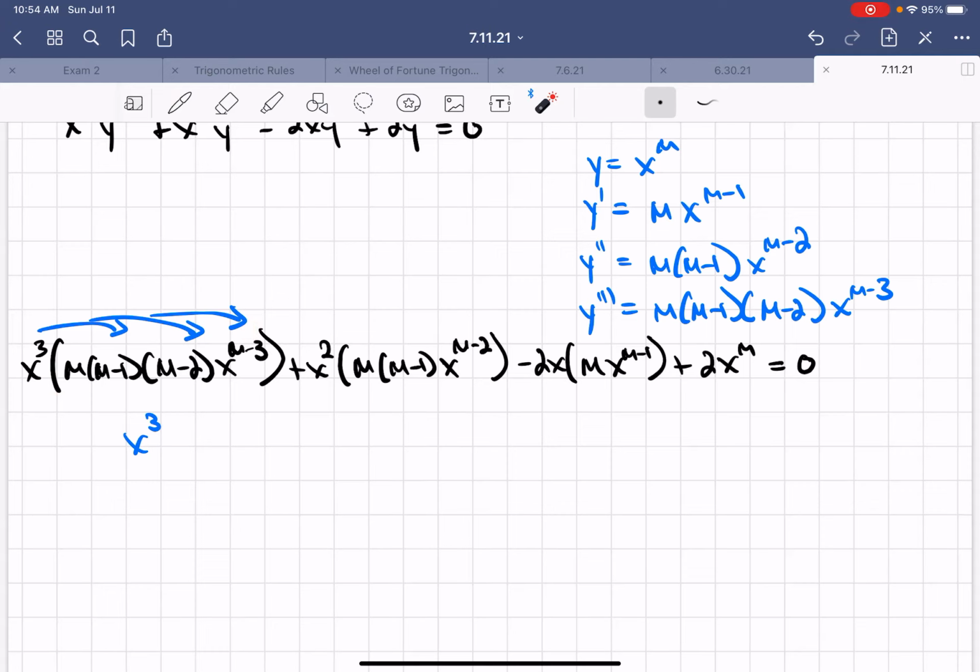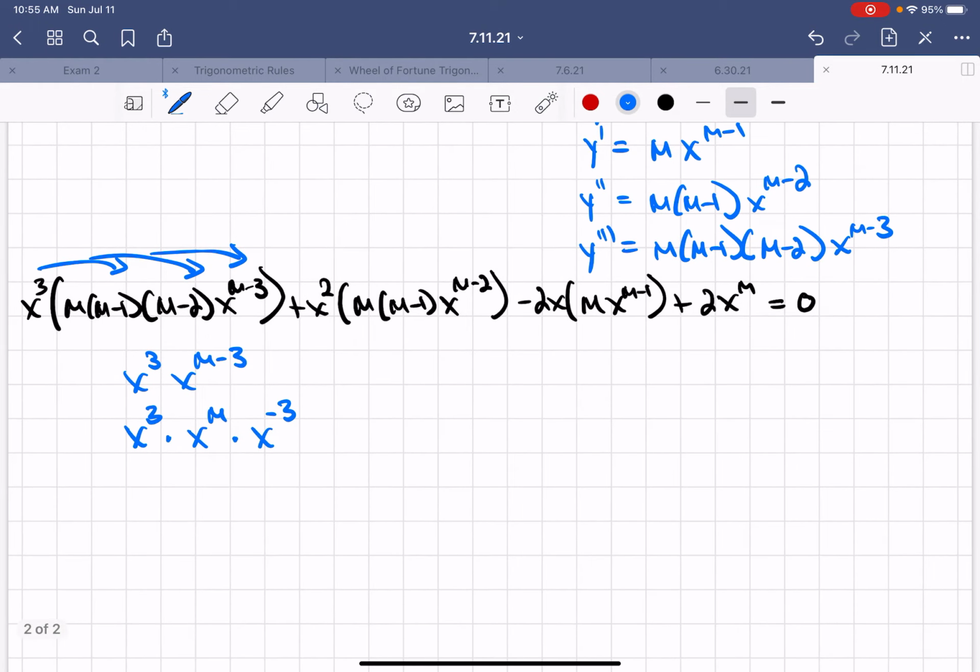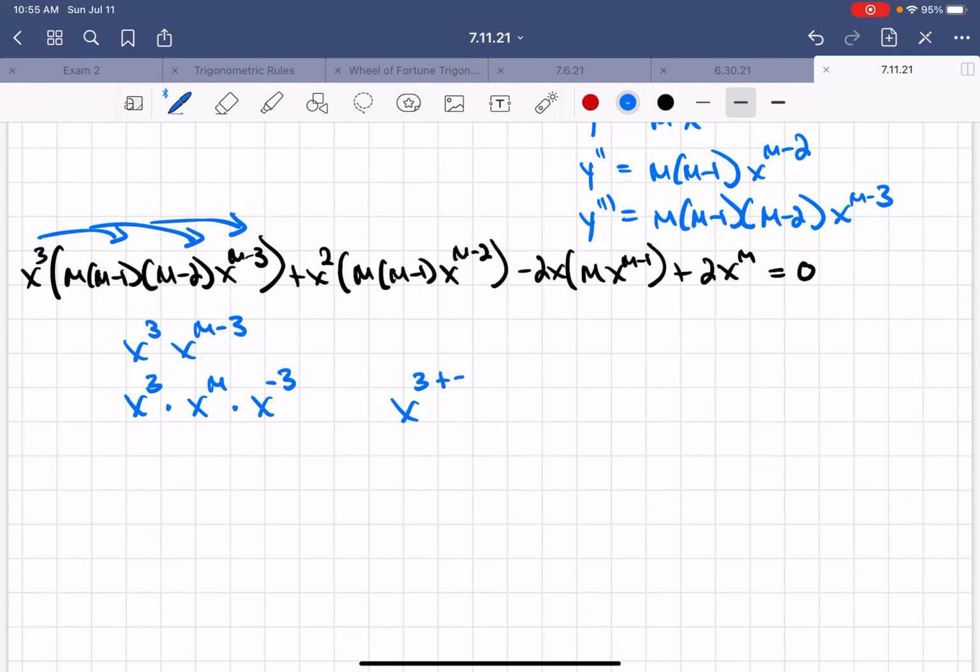And generally, this is the case for all of these: the x cubed multiplied by x to the m minus 3 is really the same as x cubed multiplied by x to the m multiplied by x to the negative 3. And multiplying x cubed by x to the negative 3 is basically x to the 3 plus negative 3, which is x to the 0, and anything to the 0 power is just 1.